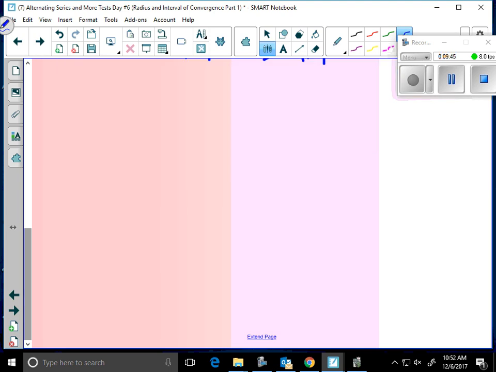So let's take what we know, x to the n over 3 to the n, and we're saying that x equals -3 and x equals 3. Okay, well, this is going to be a really dumb one, but okay, that's cool. So let's plug in the endpoint first.